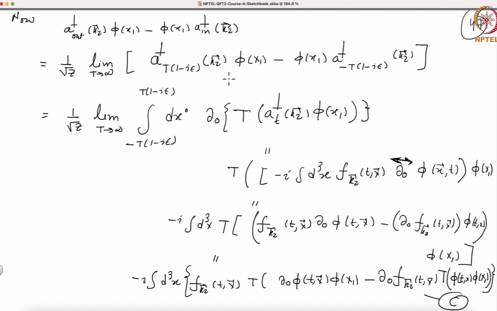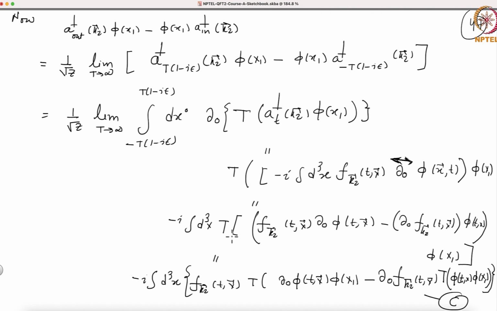and that's where we are. So we haven't yet taken del naught of a dagger, so there is nothing to be said here. Okay, good.